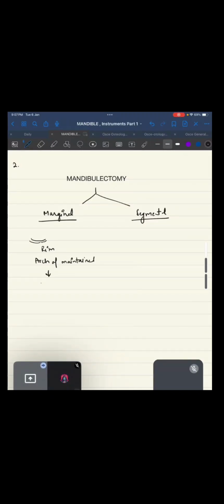So it provides better stability. Vis-a-vis what happens in segmental: in segmental there is resection, oblique, full thickness you remove. So this will be your segmental section. Please remember both the names, marginal as well as segmental.